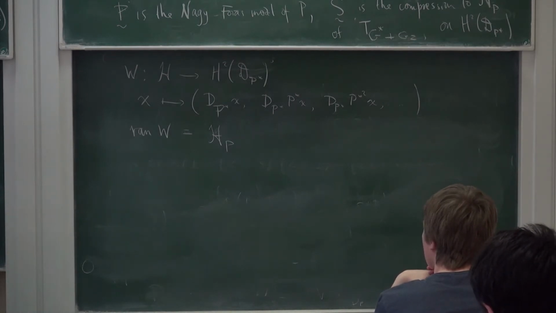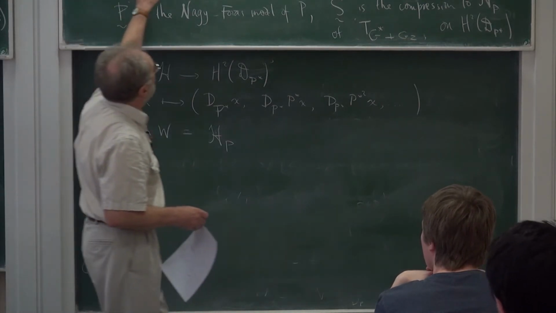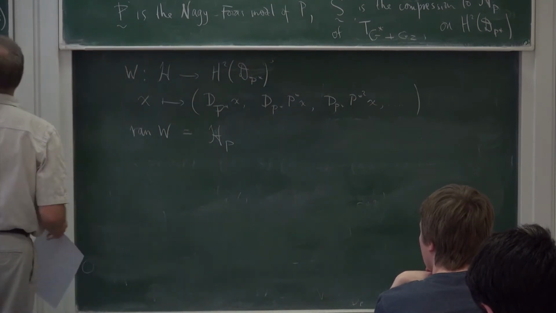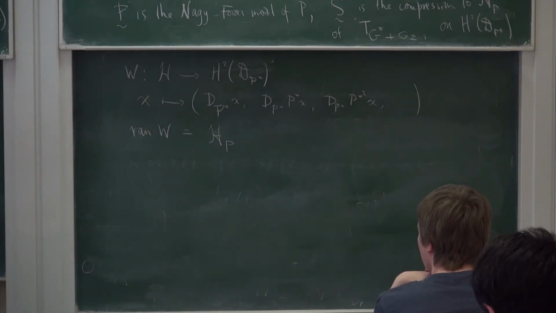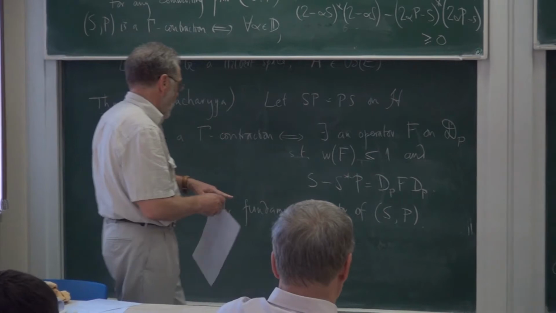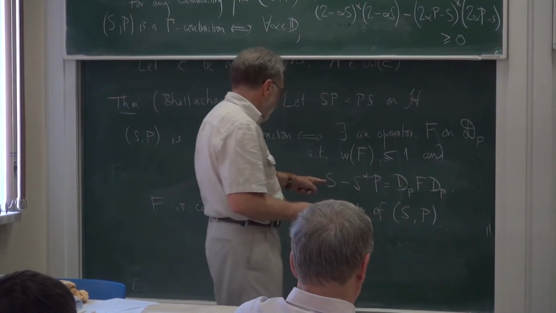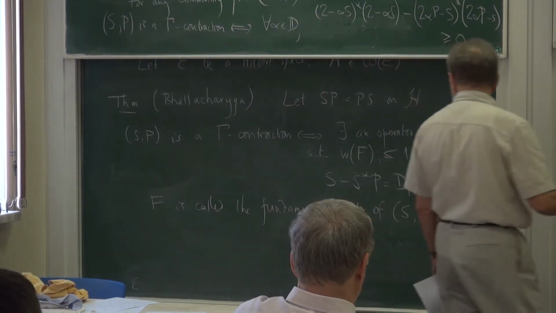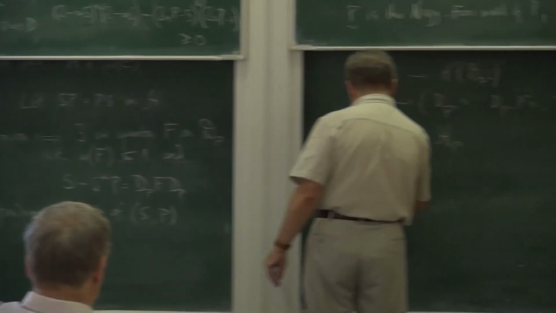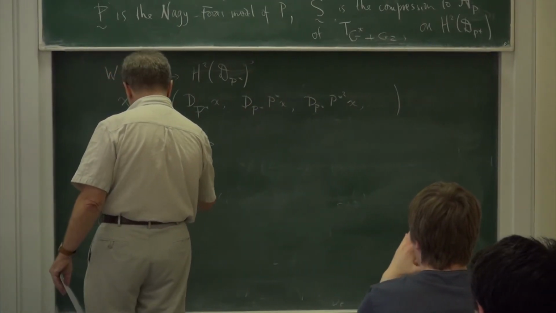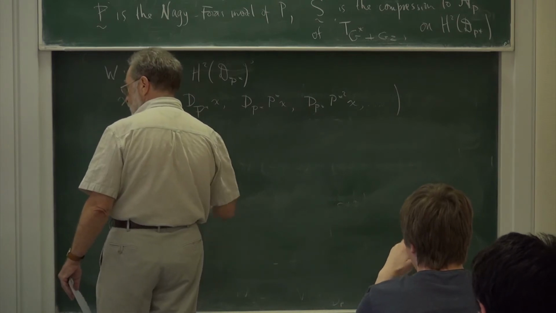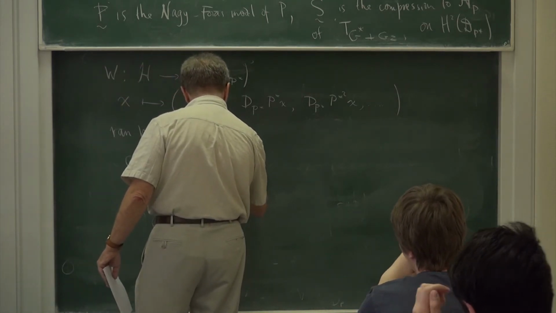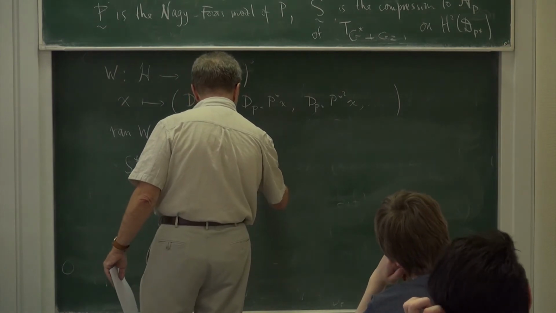And now let's just remind ourselves what the operator G is. G is the fundamental operator of S* and P*, and fundamental operators are defined here, only it's S*, P* rather than S, P. So in this definition of the fundamental operator we have to put a few extra stars in, and we get S* minus S P* is equal to D_P* G D_P*.